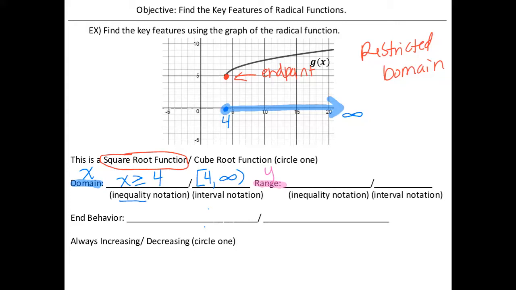Okay, for the range now, I'm going to do the same thing, except I'm now moving it to the y-axis, because it's the y values, okay? So take this endpoint here and drag it to the y-axis. So I'm going to put a dot right here at the 5. And I'm going to take my highlighter and then determine, is it curving to the top or to the bottom?